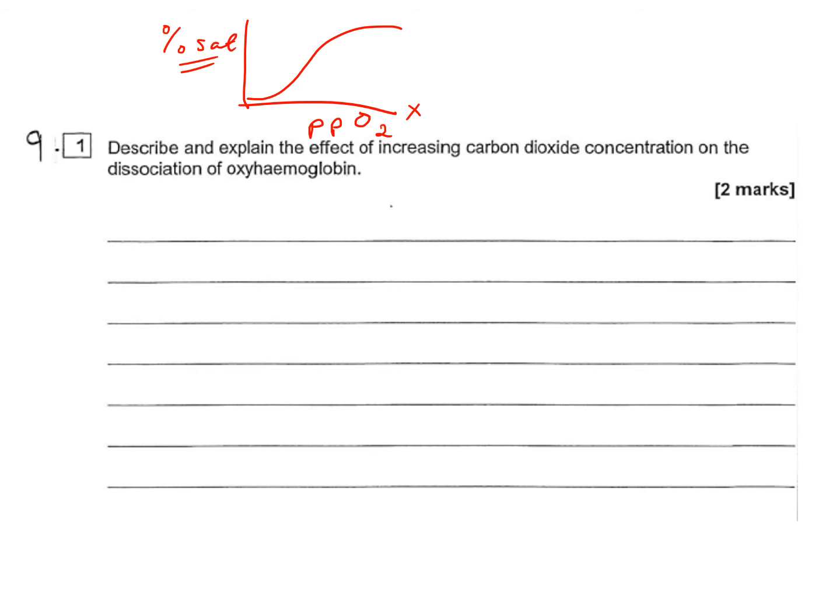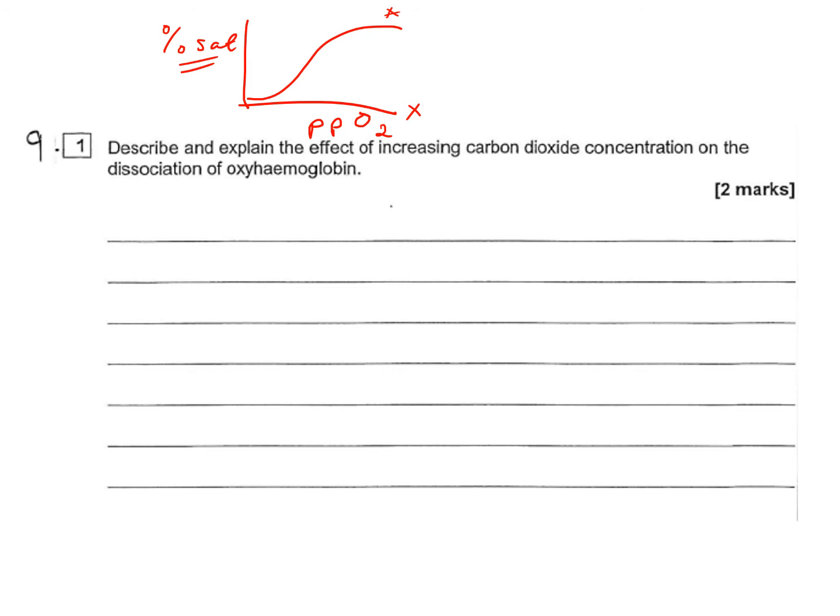So we can see at low ppO2, this is in the absence of carbon dioxide, there's going to be very few hemoglobin proteins with oxygen bound to them, and most is actually being released. So there's a very low percent saturation. At high ppO2, at the right-hand side of the x-axis, there's a very high percentage of hemoglobin with oxygen bound. So most of the hemoglobin will be as oxyhemoglobin, which is this point here over the right.